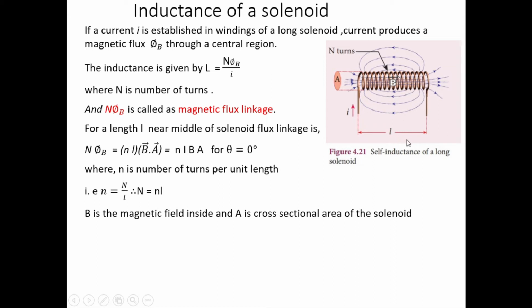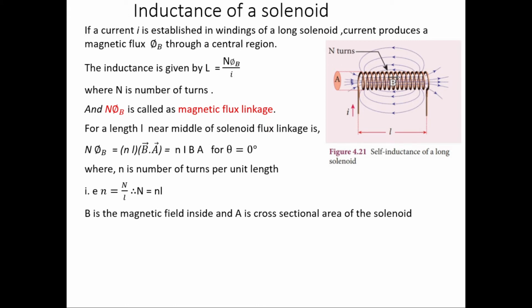For this length l, near the middle of the solenoid, the flux linkage N phi B is equal to capital N into B bar dot A bar. Already we defined the magnetic flux, which is a scalar product of magnetic field with area vector. So N phi B is equal to capital N B bar dot A bar.